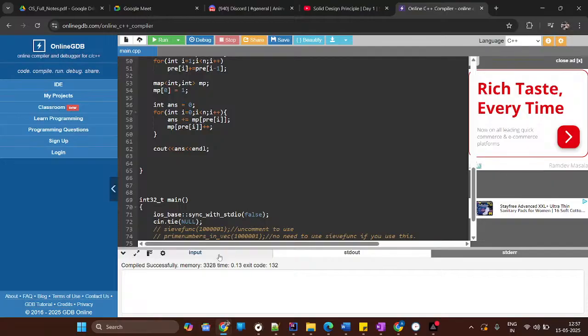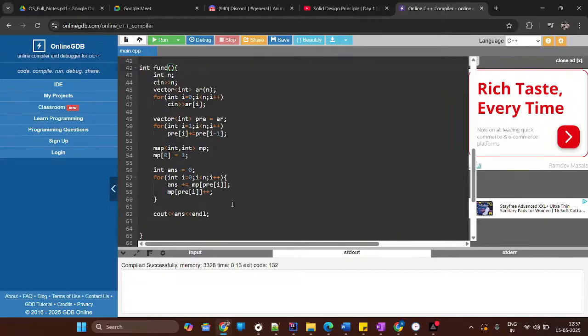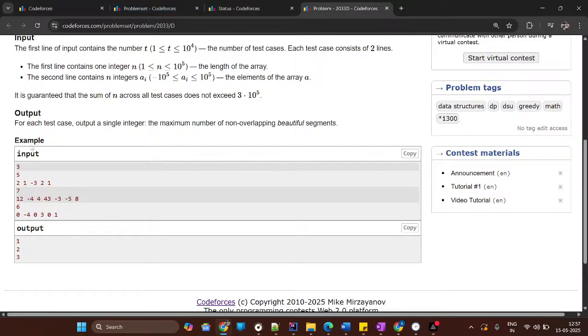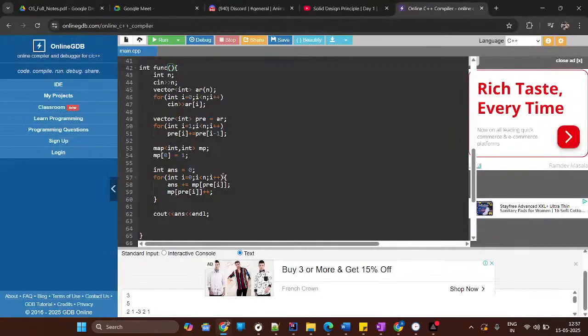Okay, we are not printing anything for some reason. Okay, let's see. What are we taking as input? So we are taking five and then five numbers, seven, then one, two, three, four, five, six, seven numbers. Okay, that's what I did.